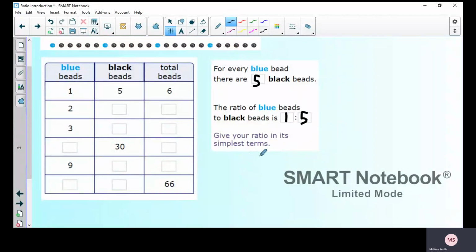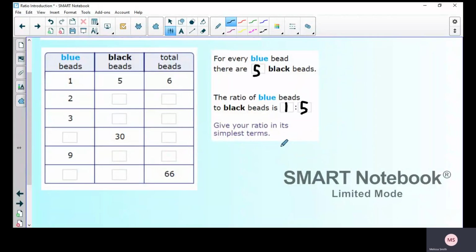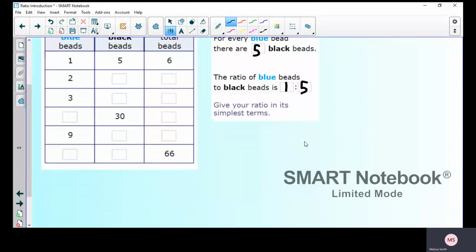Now this question here, it said give your ratio in its simplest terms. That means to make sure that you can't scale the ratio down any further. So if we look at 1 to 5, is there a common factor that is shared between 1 and 5? No, there's not. Therefore, it's in its simplest terms. If the ratio was 4 to 20, then this ratio wouldn't be in its simplest terms, and we simplify by finding a common factor.